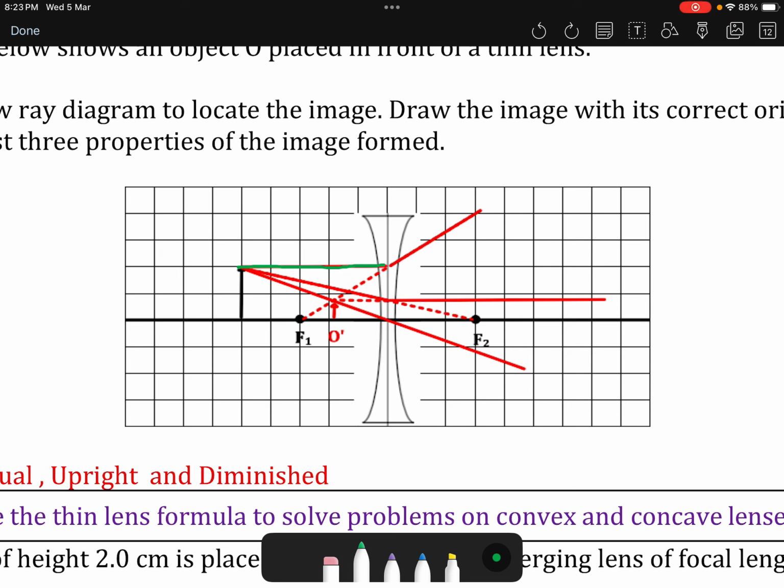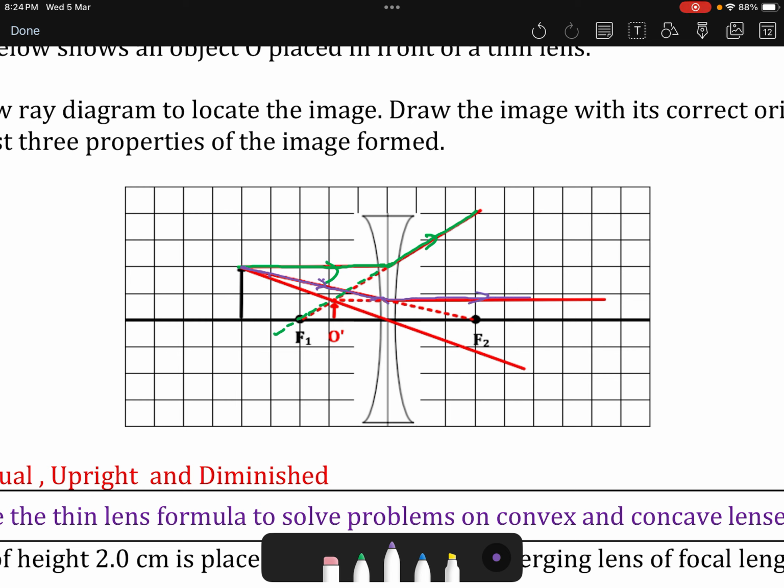What do I mean? The parallel light will refract not toward the focal point. No, it will refract as if it's coming from the focal point, as you can see clearly, right? Now let's look at this one. This ray is going to the focal point of the other side, and this will refract parallel.